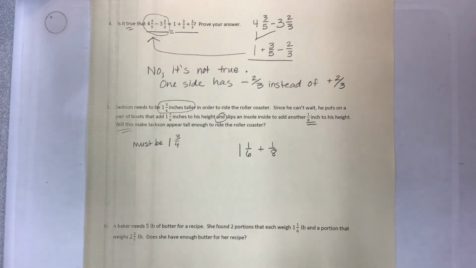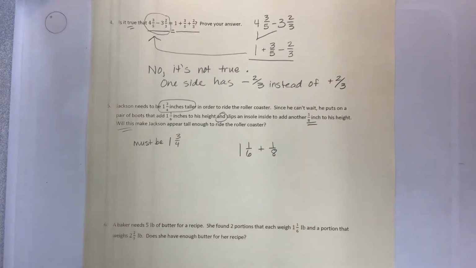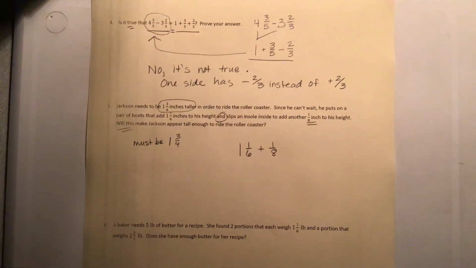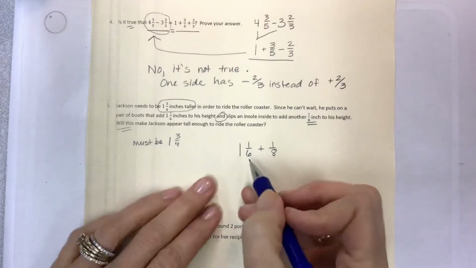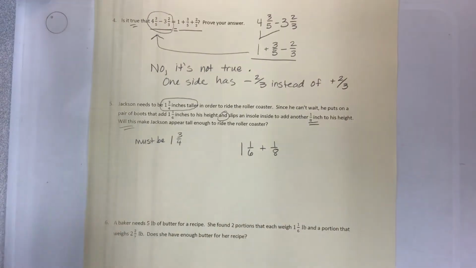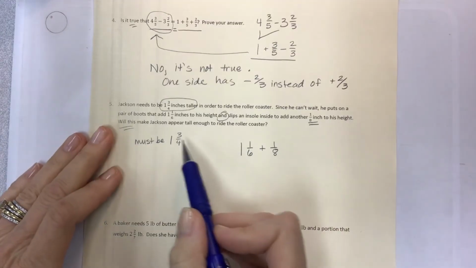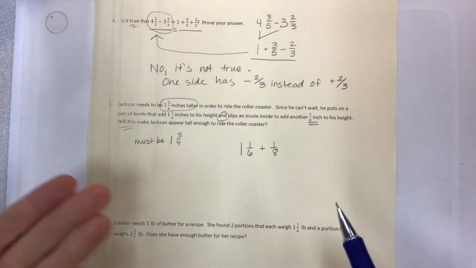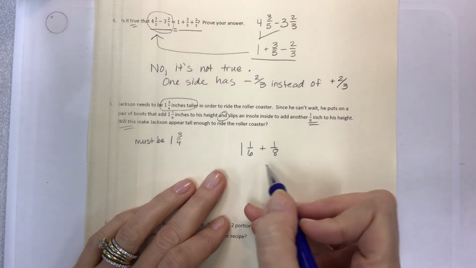And then we're going to compare and see if this is going to get us the 1 3/4. Now, oh, there go the lights, but not all the lights, only some of them. All right, so I don't have to actually solve and get the full answer. They're just saying, will it make him tall enough? So it doesn't say how much taller or what's the difference.